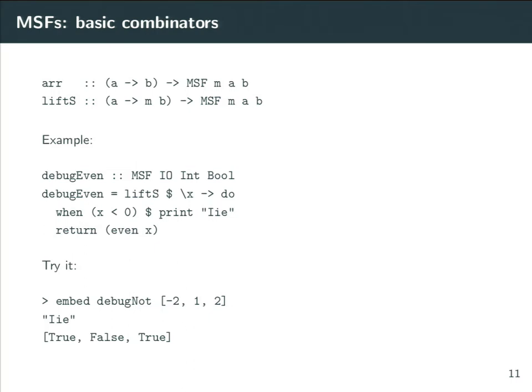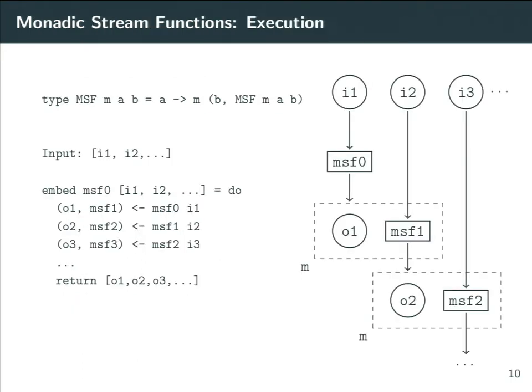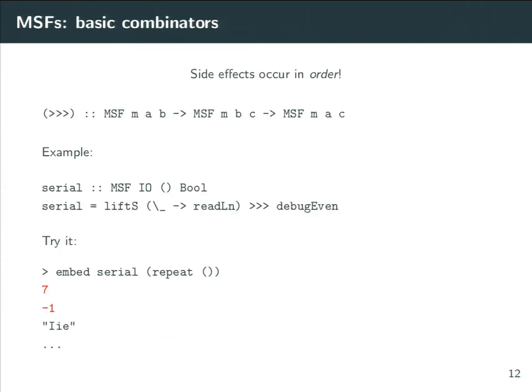This is pointwise application, meaning that the continuation of this MSF is the same function. So it applies this function to the argument of every input that comes in. If you look at this diagram, it applies that function here and here and here, always the same one.